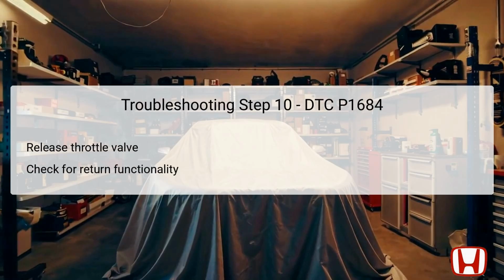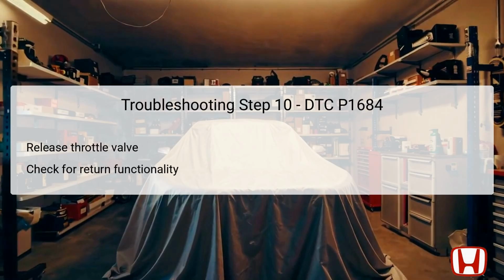After manually pushing the throttle valve open, the next action in Step 10 is to release the throttle valve. Observing whether the throttle valve returns to its resting position is crucial in determining the functionality of the throttle valve return spring. If the valve returns smoothly without the need for further assistance, it indicates that the spring is operating correctly and has not failed.